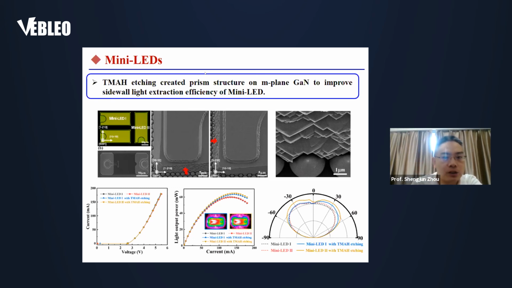Due to reduced threading dislocation density, sputtered aluminum nitride nucleation layer can further improve internal quantum efficiency of UV LED compared to low temperature gallium nitride aluminum gallium nitride nucleation layer.